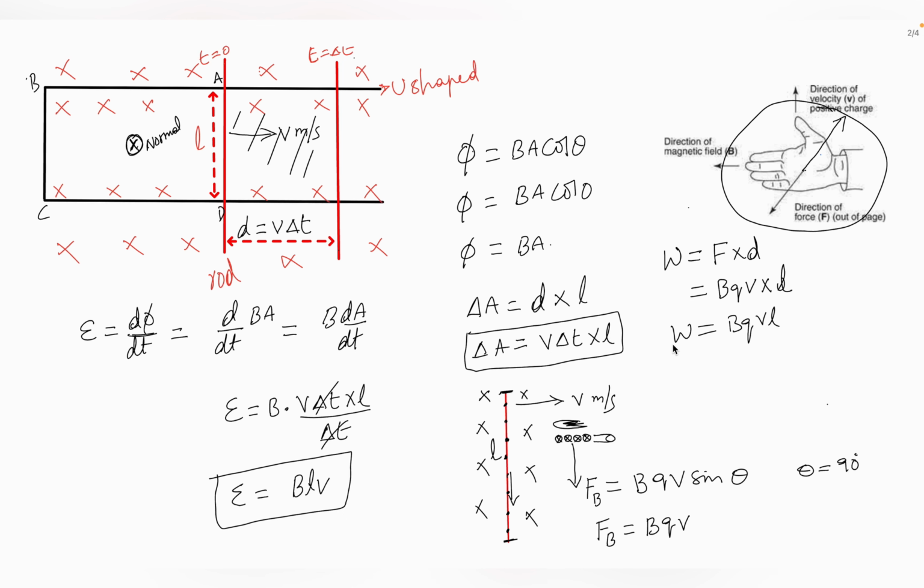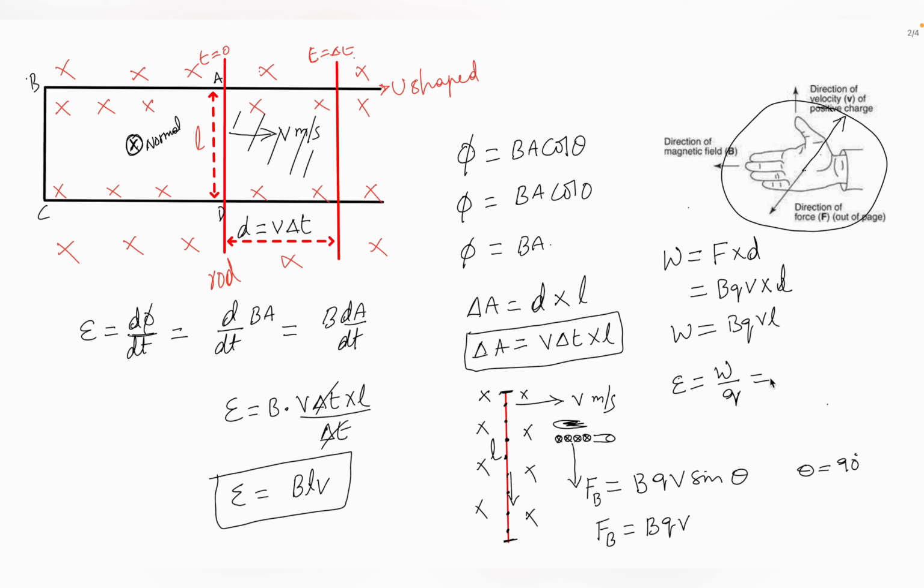And now this amount of work done is for moving one charge Q, but the induced EMF is considered as the amount of work done per unit charge in moving it from one end of the rod to the other end of the rod.